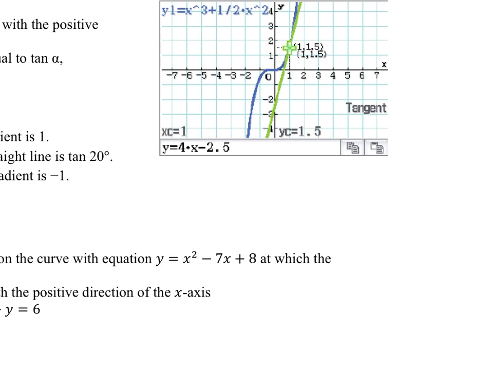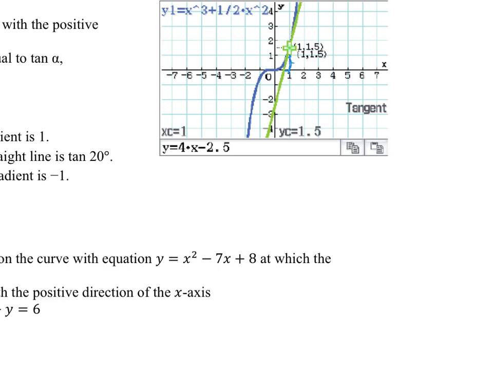If we're looking for a tangent line, it means that the curve and the tangent line have the same gradient at that point, okay? And so if we want to work out the gradient of that tangent line, I'm looking for the rise over the run of that green line there. That will give me the gradient of that line, yeah?